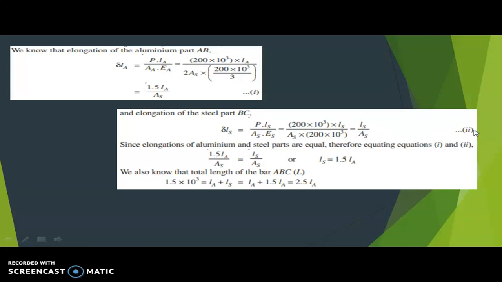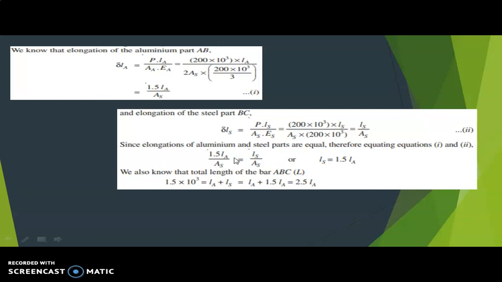Now what is given in the problem, it is told that since elongations of aluminium and steel parts are equal, therefore deformation is same for both aluminium and steel. Okay, so equation 1 is equal to equation 2 now. This value is equal to this. So substitute that, deformation delta L of aluminium is equal to delta L of steel.